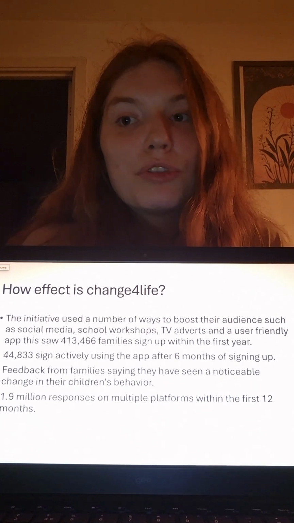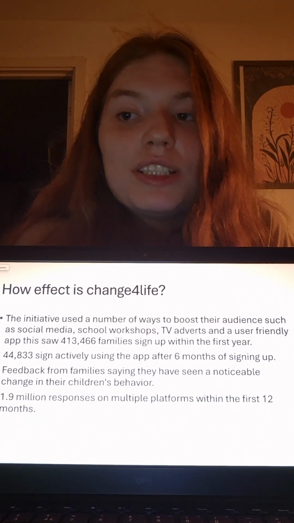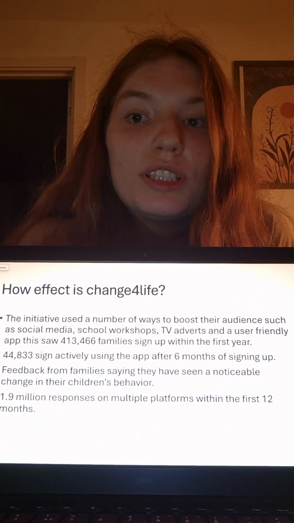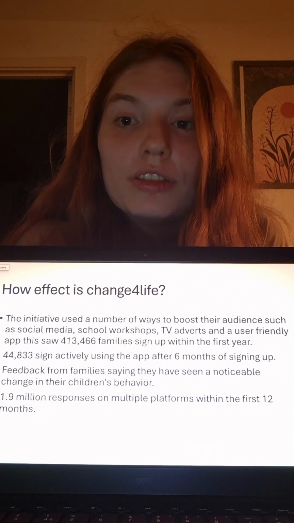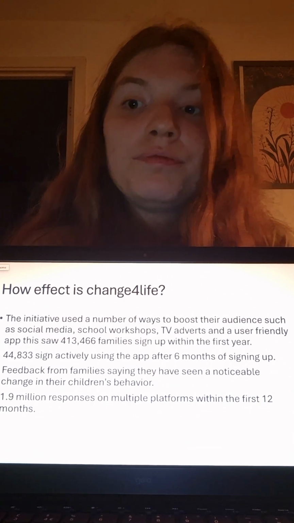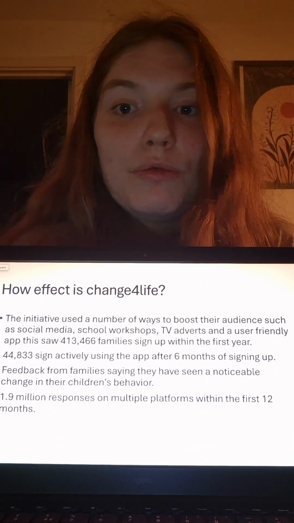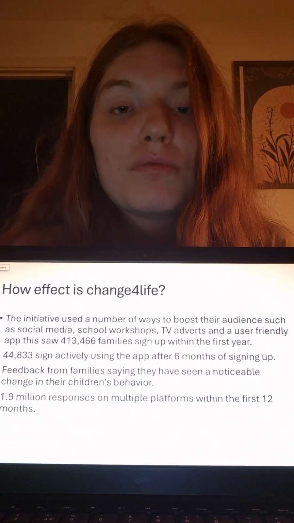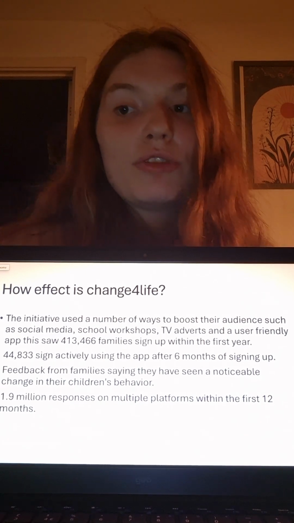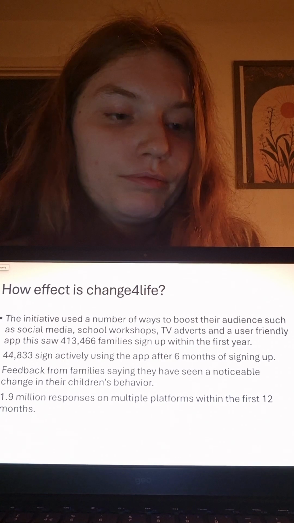The feedback was positive, with families saying they had seen a noticeable difference in their child's behaviour whilst doing food swaps. It also received 1.9 million responses on multiple platforms within the first 12 months of launching.